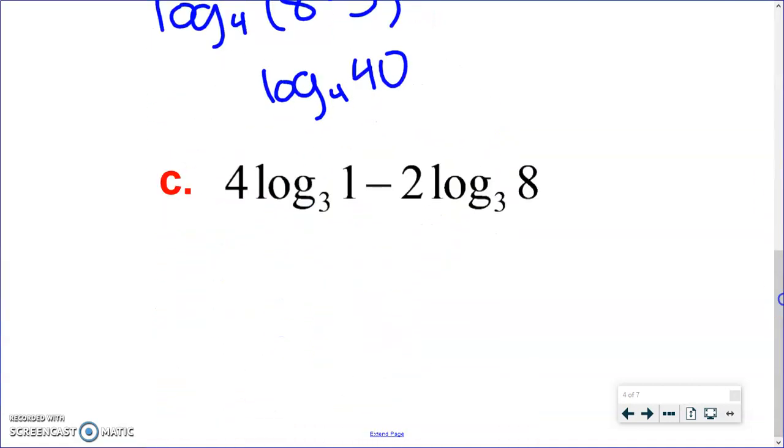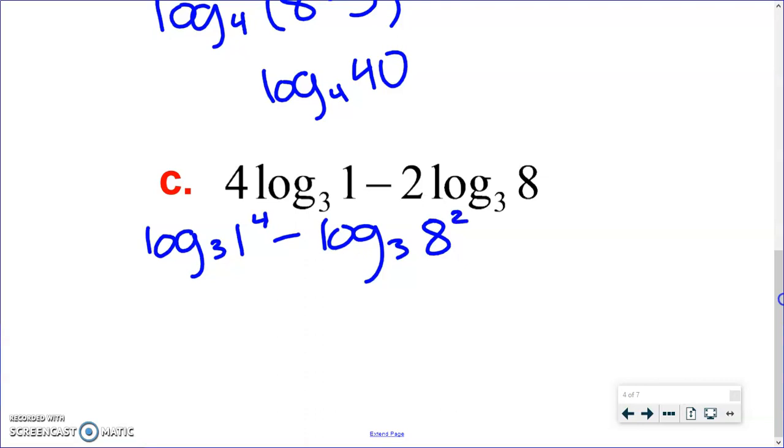Got one more example hanging out here on the bottom. Similar to what we just did, we're going to move those multipliers up to be the exponents first. And I don't think I mentioned this before, but we always want to make sure that our bases are the same when we condense.